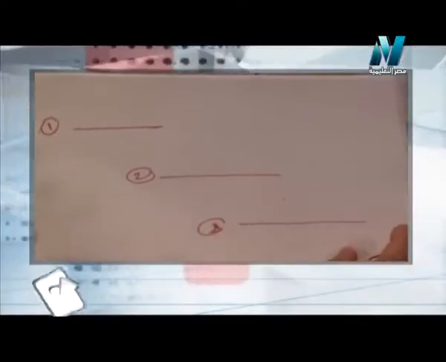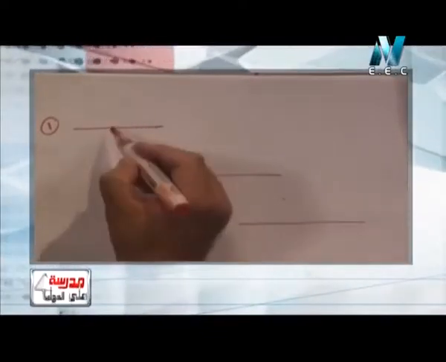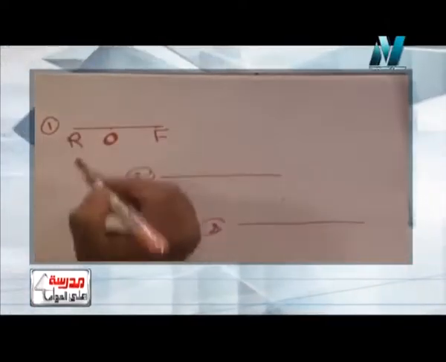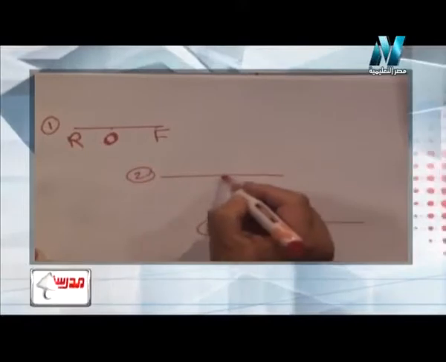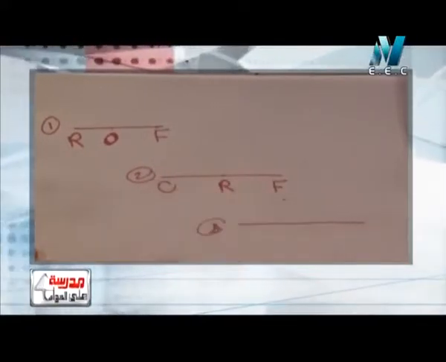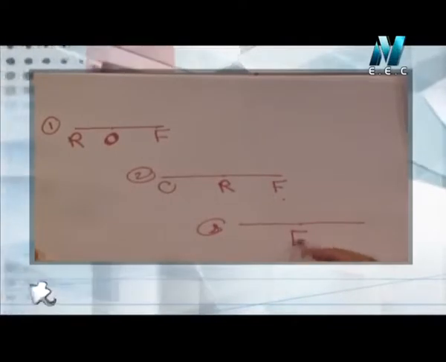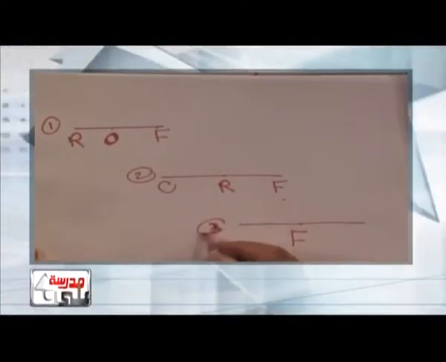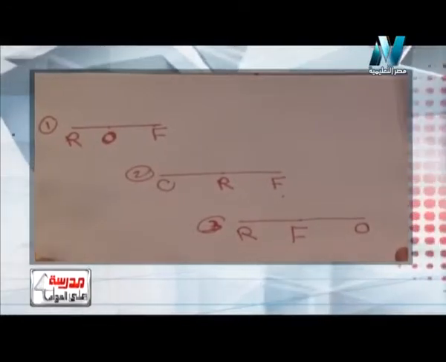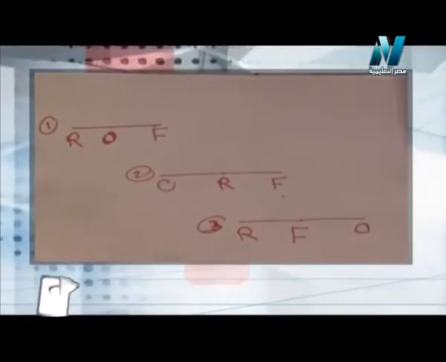Okay, we know that I have 3 types of lever. Here I have the fulcrum in the middle and effort force and resistance on both sides. Here I have the resistance in the middle and I have F and E on both sides. Here I have the effort force in the middle, the third class lever, and E and R are on both sides.